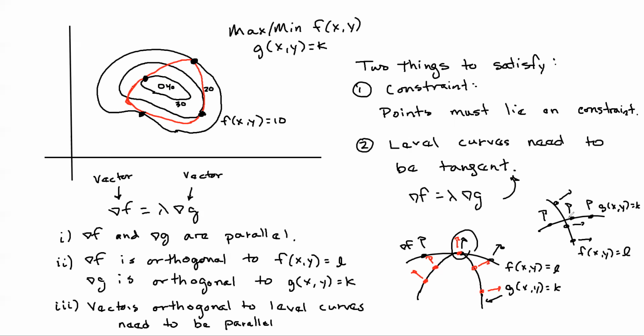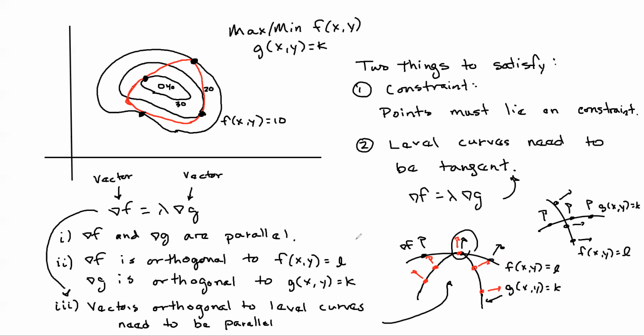And so this requirement that gradient of f equals lambda gradient of g turns into this, which turns into this. And so that's what this requirement is. It's basically saying identify the places where the two level curves are going to be tangent to each other. And those are going to be the places where you could have potential maxes or mins.